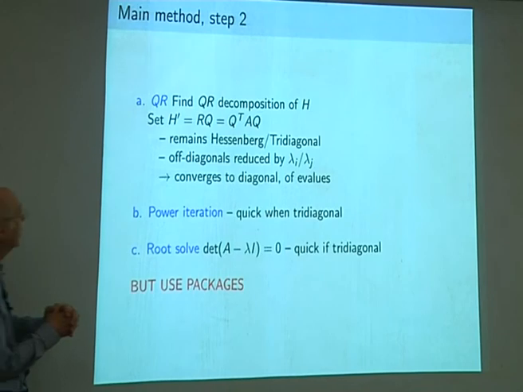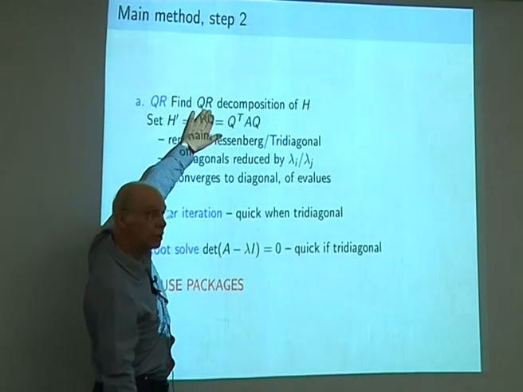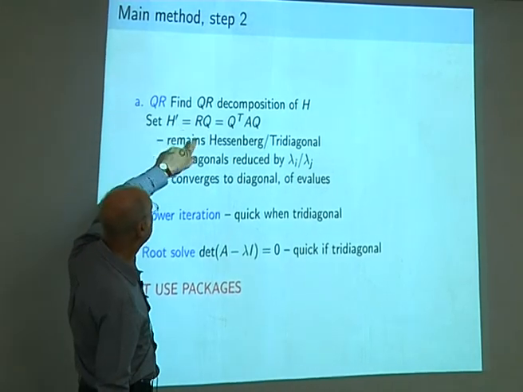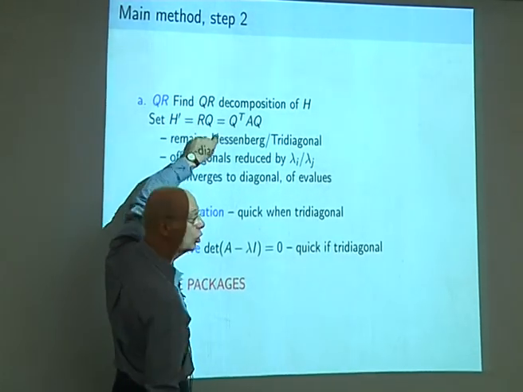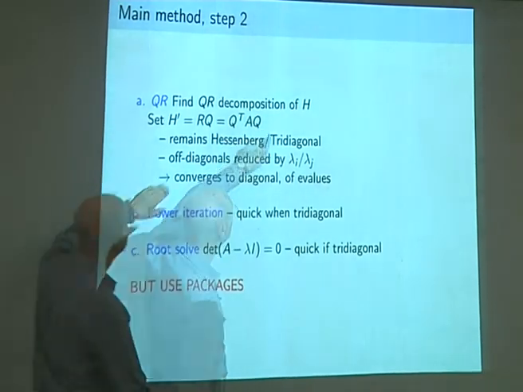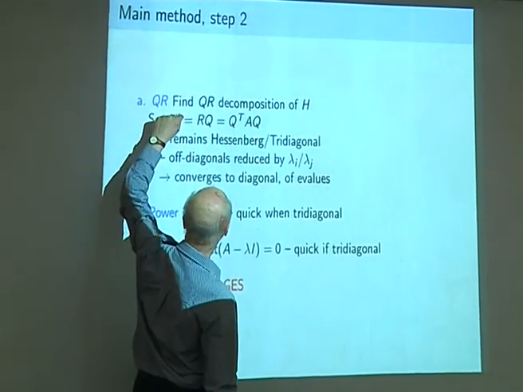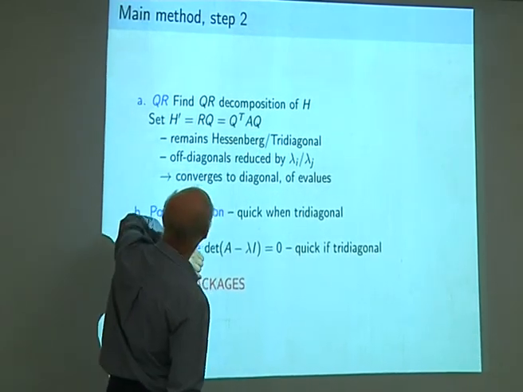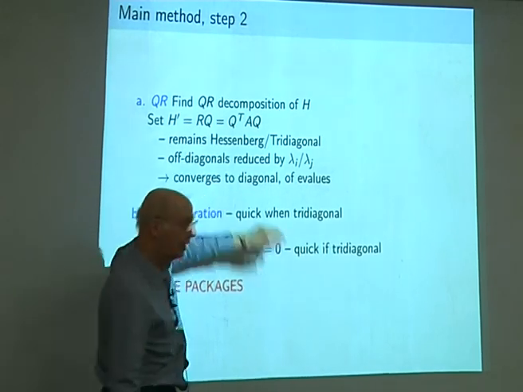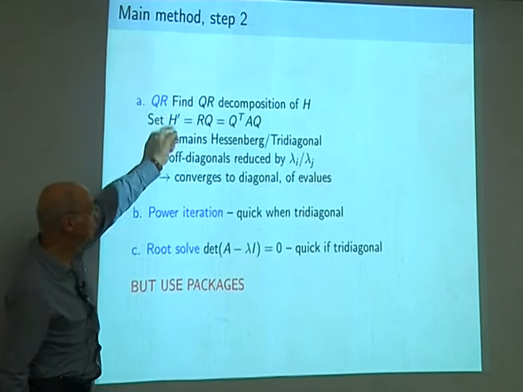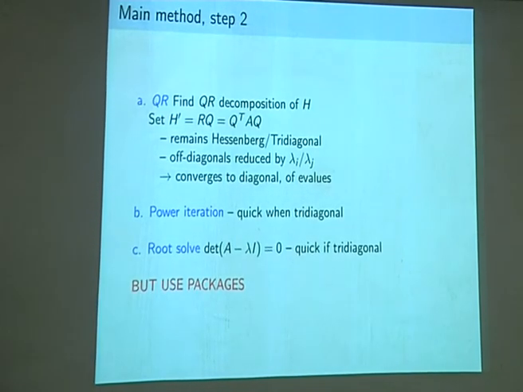So we end up with this Hessenberg matrix H, and then we do a QR decomposition of it, and form a new matrix which, instead of being QR, is RQ. In other words, it's Q transpose AQ, and therefore the eigenvalues of H prime are the same as the eigenvalues of A. We produce a new H by this Q rotation, and we found the Q by doing a QR decomposition.